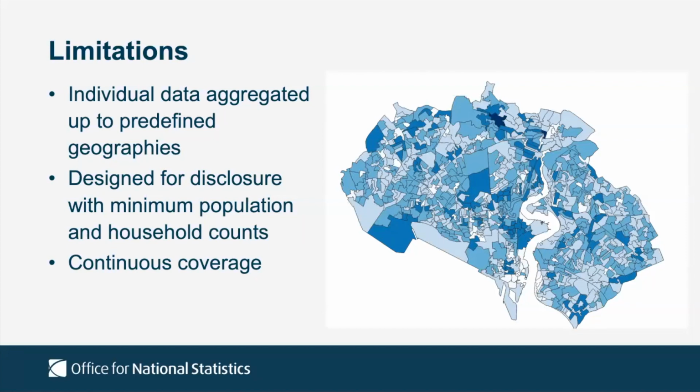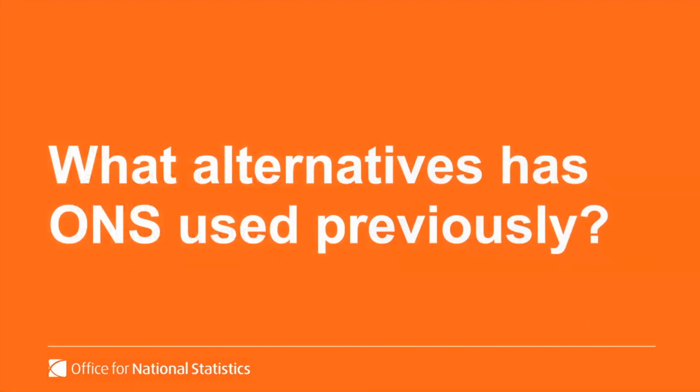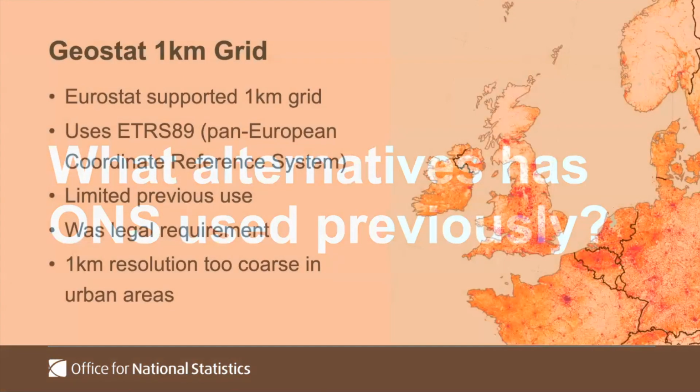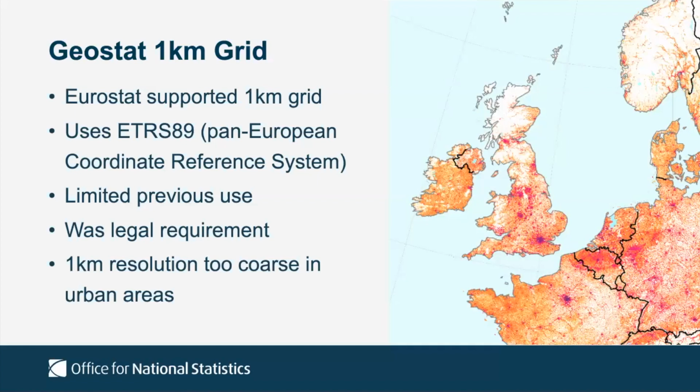So the question you might be asking is, what has ONS previously had in this space? What we're talking about today is new for us, but we're not new to grids. At least we're used to the Geostat 1 kilometer grid. This is from Eurostat, the European Statistics Agency, and they have something called the Geostat grid.